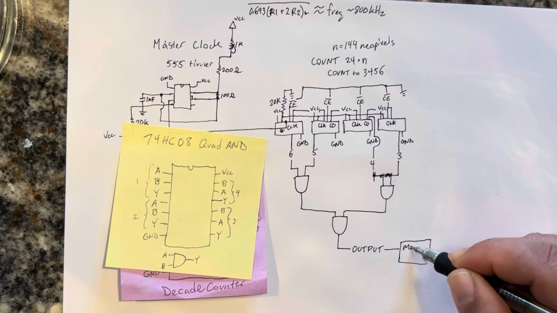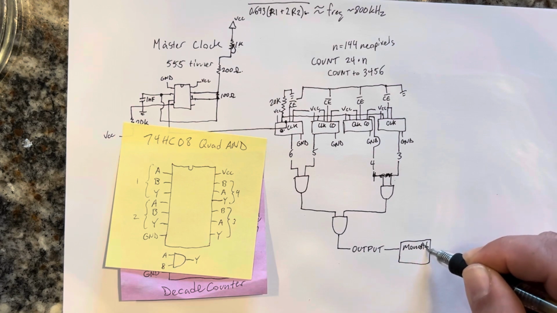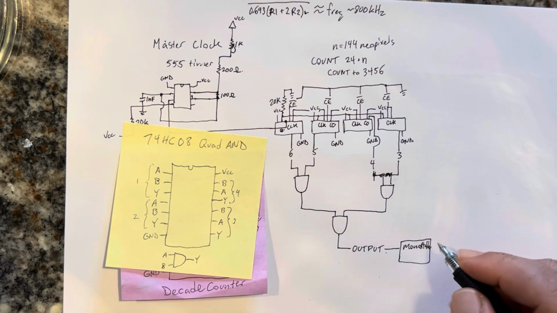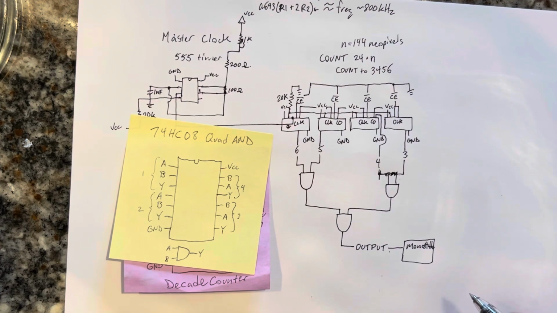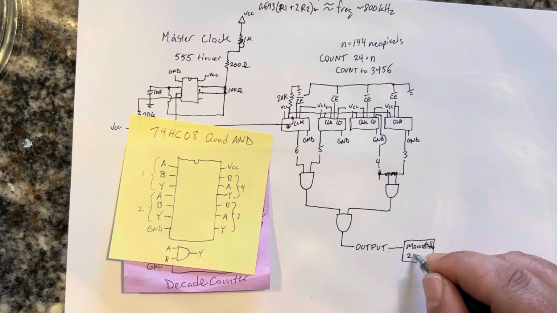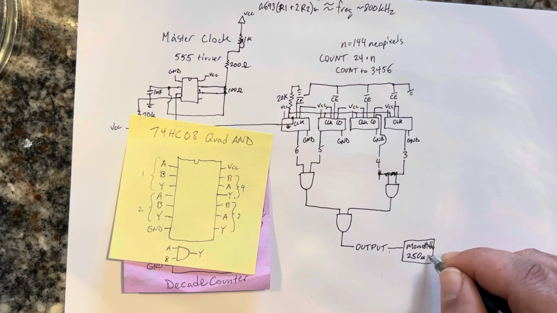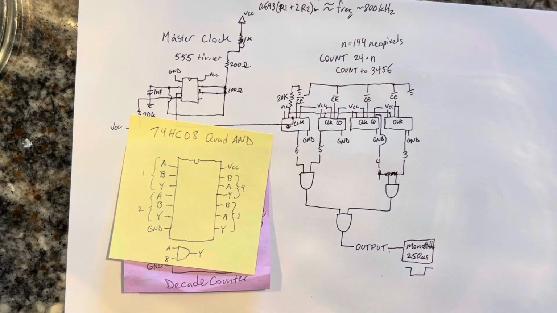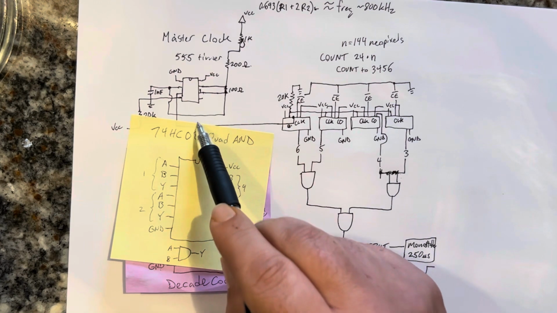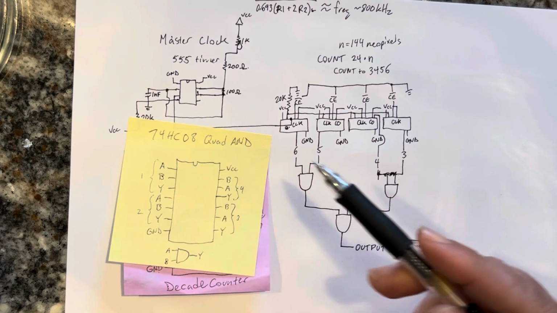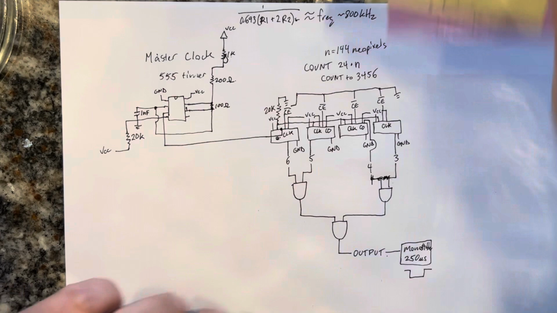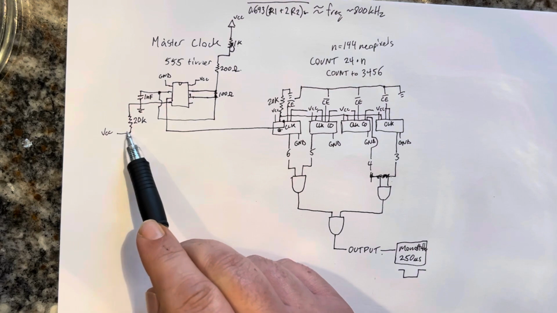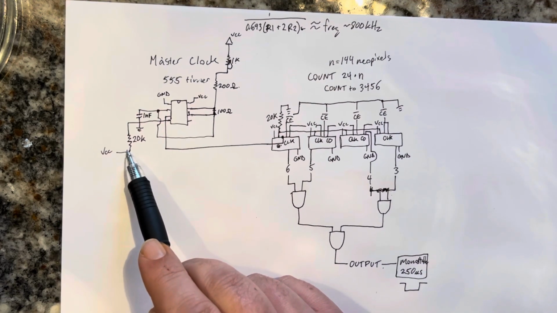a monostable signal generator, and the monostable signal generator that I needed it to generate a signal of 250 microseconds in length, and it needs to be a low signal in order to reset the master clock or to stop the master clock, because the master clock is tied to VCC here to keep it from resetting.